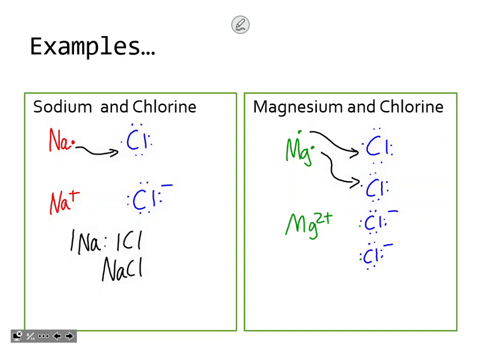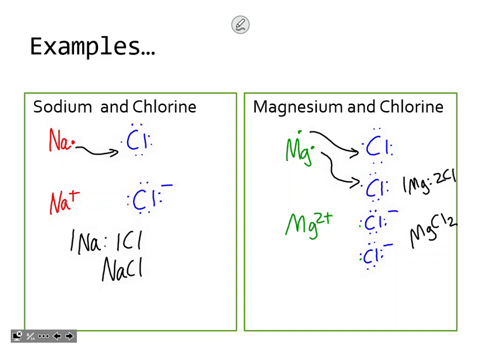And if you still look, we have a +2, we have a -1, and a -1. That should still all add up to 0. And it does, it adds up to 0. But in this particular case, instead of having a 1-to-1 ratio, we have 1 magnesium for every 2 chlorines. And so if we wrote out the formula for this one, it would be MgCl2.